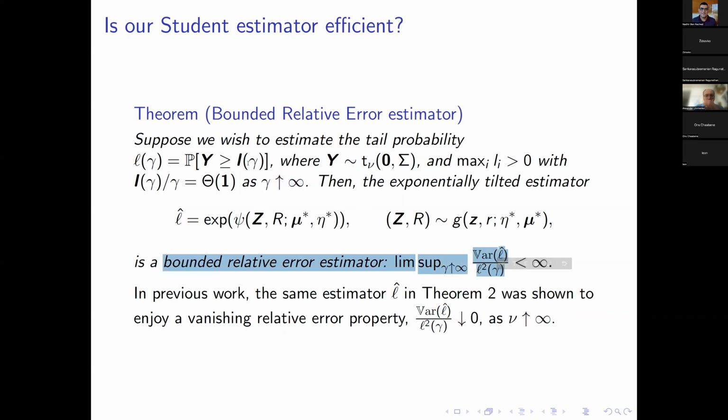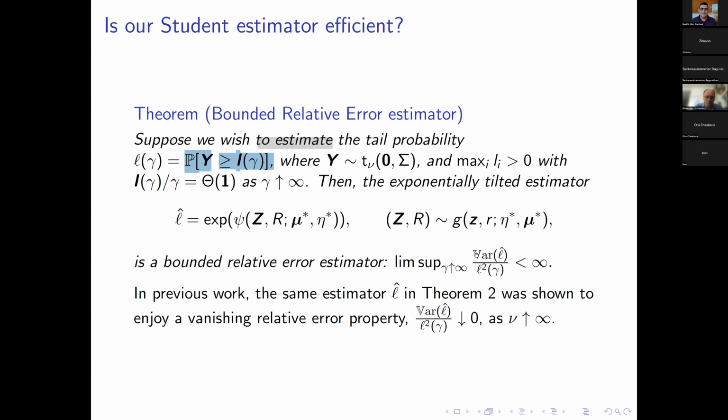I guess the simplest manifestation of this is to take L as a vector of constants, say 1, and multiply it by gamma, and gamma goes to infinity. Then obviously L times gamma divided by gamma will be a constant. So this condition is, for example, satisfied. A simple application of this is to try to estimate the probability mass in the tails of a multivariate student distribution.